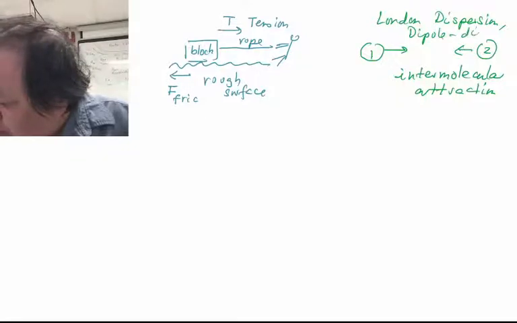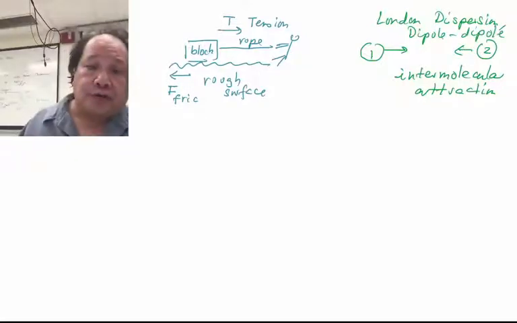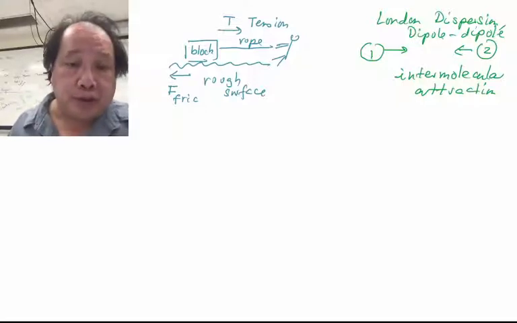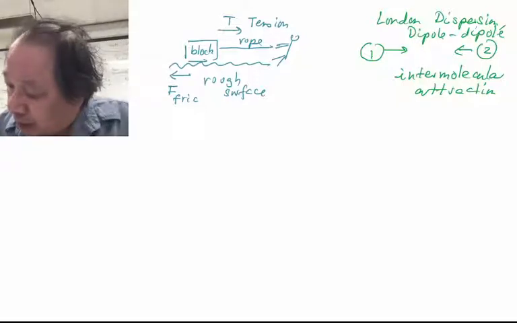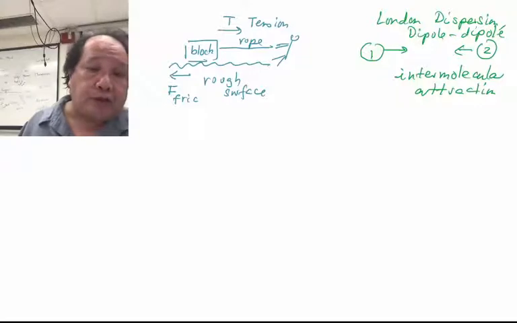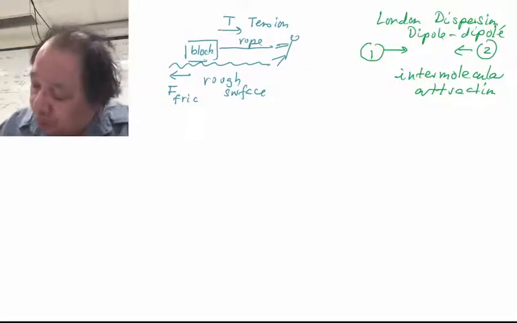So here's two types of intermolecular forces that attract molecules to each other. And today we're going to look carefully at two types of forces. First, we'll look at the electrostatic force.